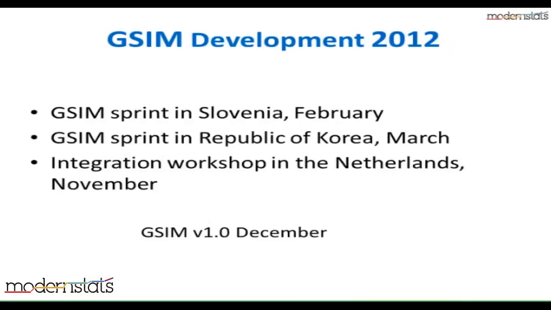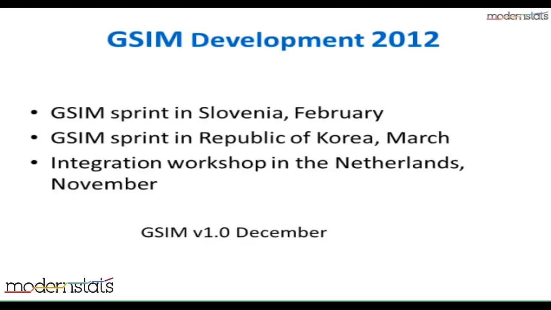So how did we develop GSIM? It was developed in 2012, beginning with a sprint in Slovenia in February, continuing with a sprint of 2 weeks in the Republic of Korea in March, and then an integration workshop in the Netherlands in November.